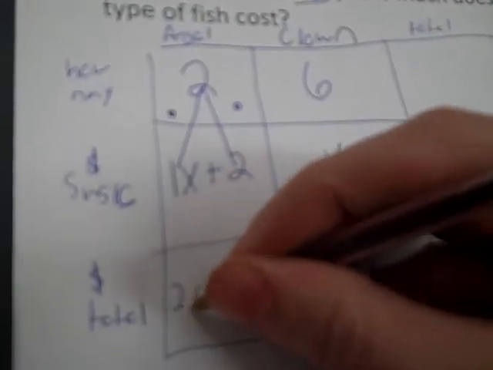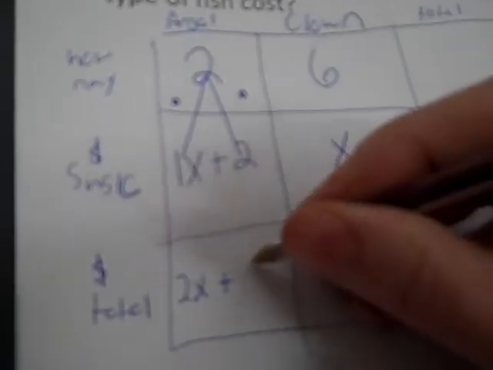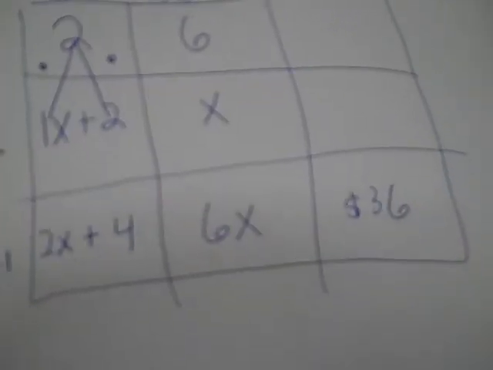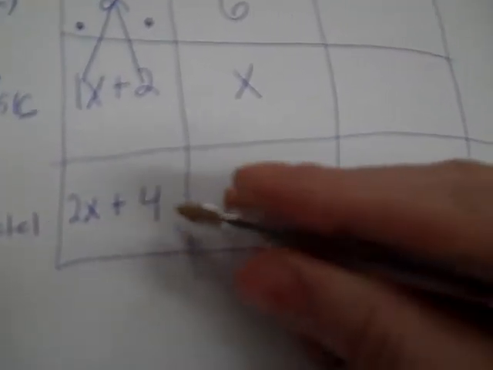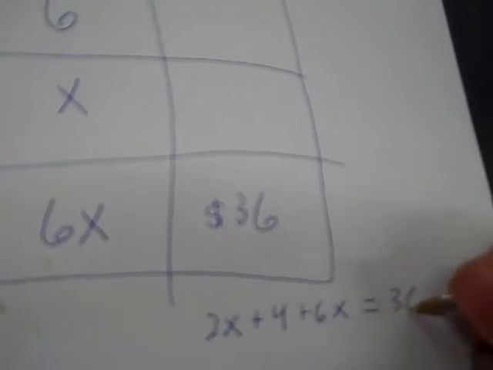Well, that's 2x. And then I take 2 times 2. That's 4. Now you have a nice equation you can write with only x's. You write 2x plus 4 plus 6x. And then before you write total, you need to write equals 36.